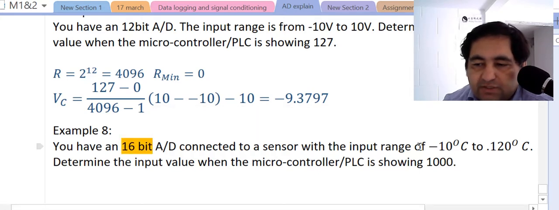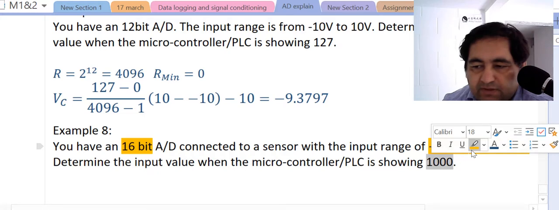That's one piece of information, and we have a temperature range, which is different, 120 degrees. And we have a number that is 1000.